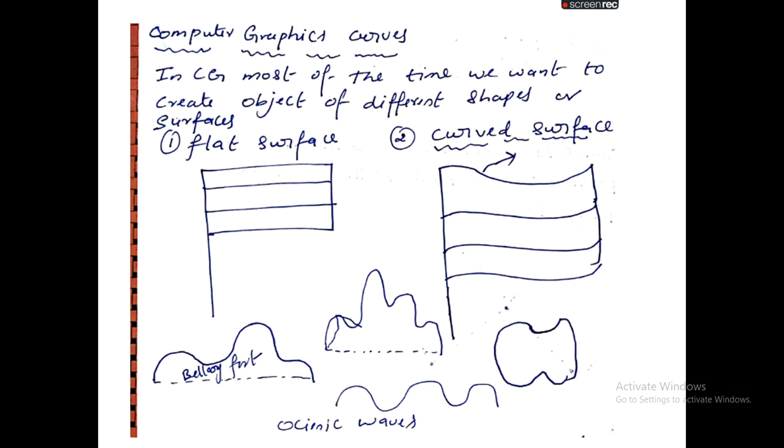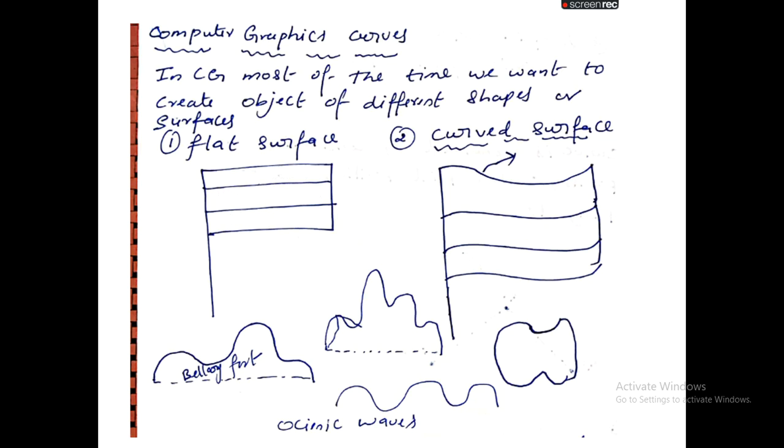If you combine a sequence of points and a sequence of straight lines, I can say that in almost all the four modules, we created flat surfaces. The best example is the flag I drew. That flag contains only flat surfaces.